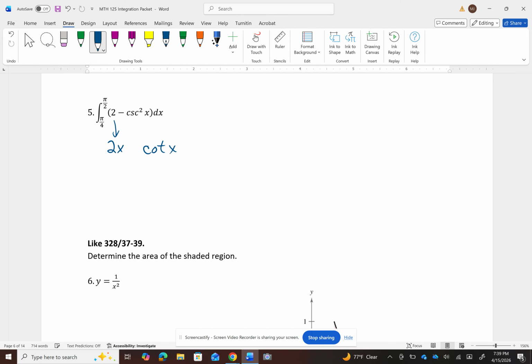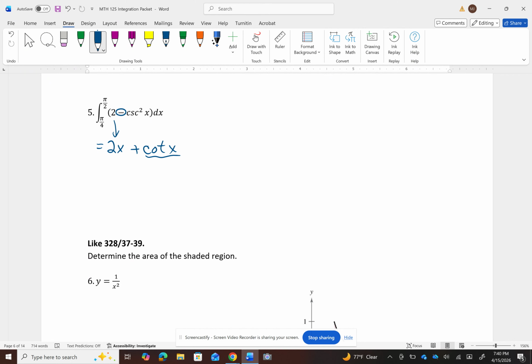I remember it because I know the derivative of tangent is secant squared, so the derivative of cotangent is negative cosecant squared. So I'm going to need a plus here because the negative that I need to have show up is going to come from the derivative of cotangent. Okay, so that right there is the correct formula for the antiderivative.